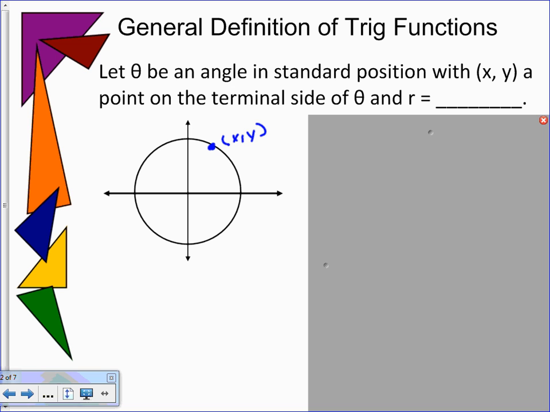Now, I could have picked a point anywhere and labeled it XY. That would have been totally fine.